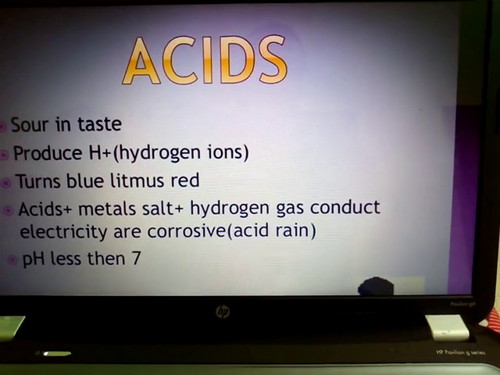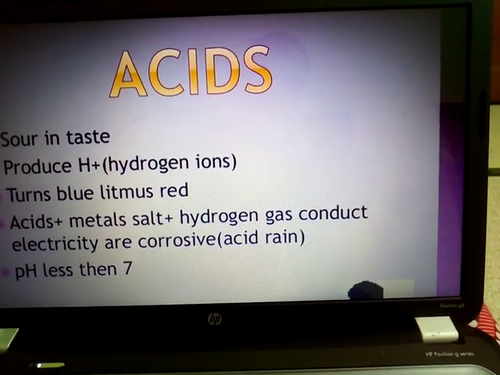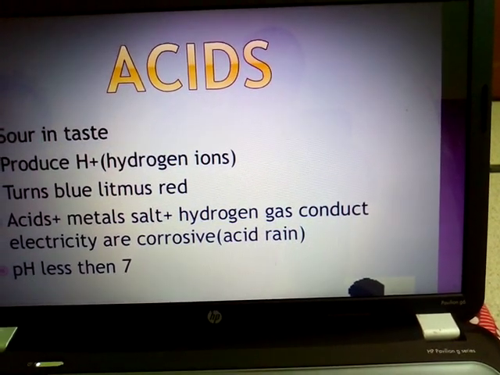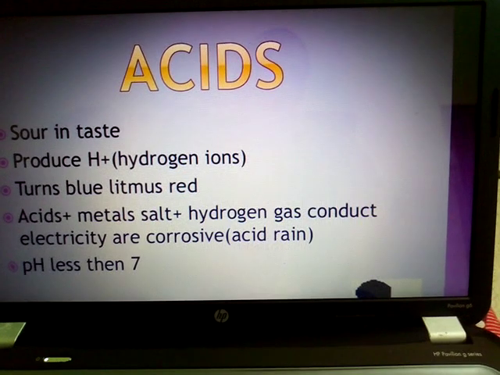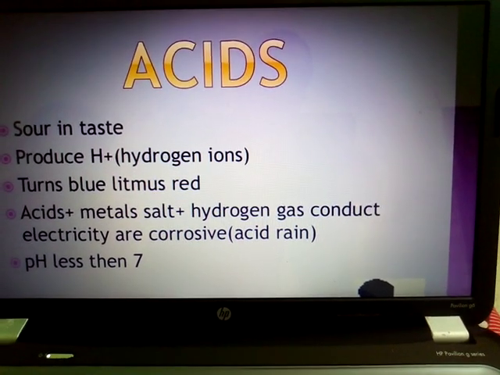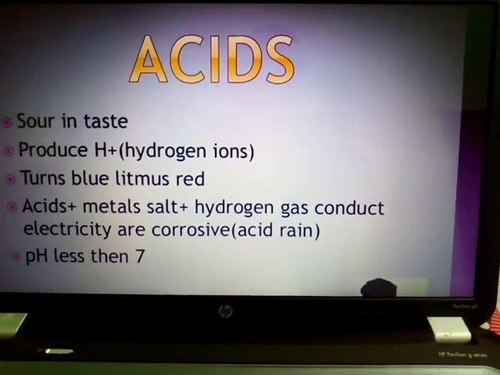It may be 1, 2, 3, 4, 5, 6, 7. The lower the pH level, that is 1, 2, the stronger the acid. And if the pH level increases to 6, 7, then it is a weak acid. It means we are going towards the base or alkali side.